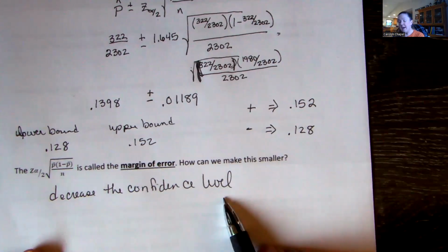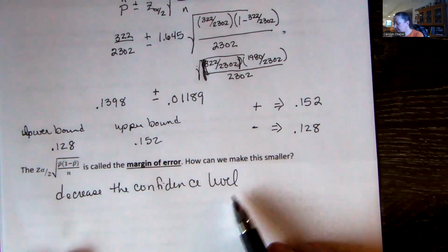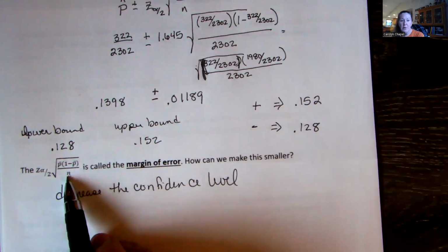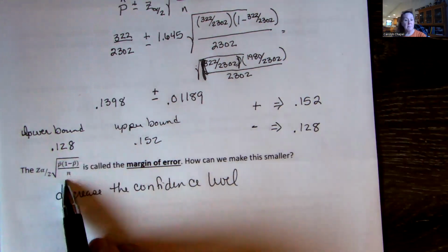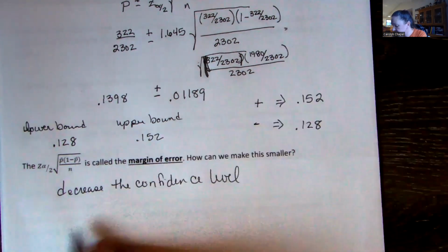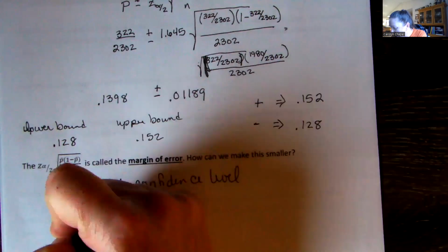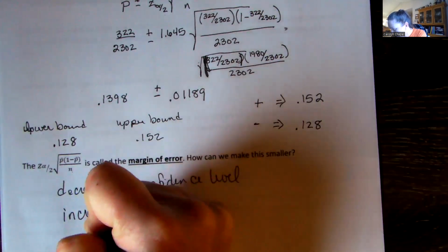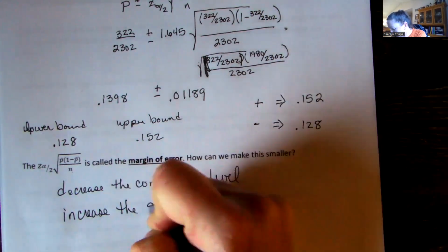But another one that we have more control over is that n. Now we have to remember how division works. So we want this to be smaller, so we divide by something bigger. So we either decrease the confidence level or increase the sample size.